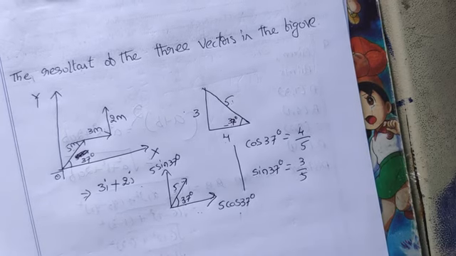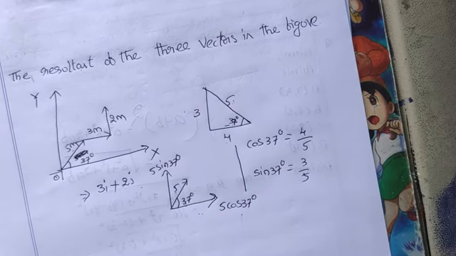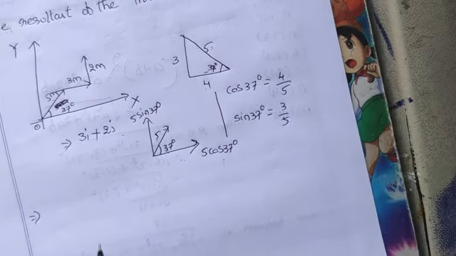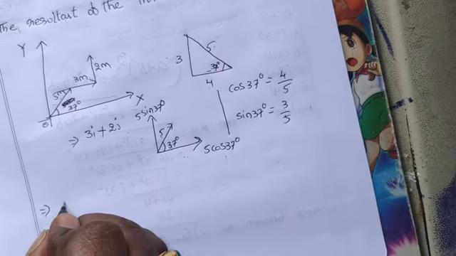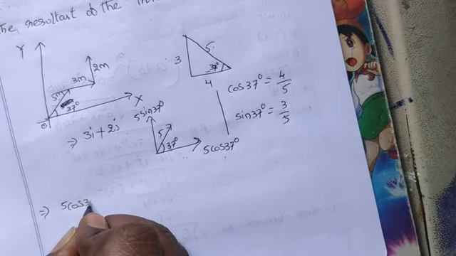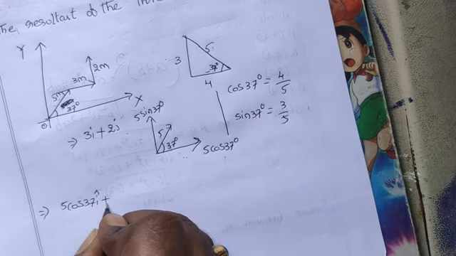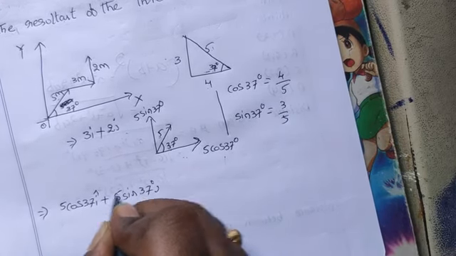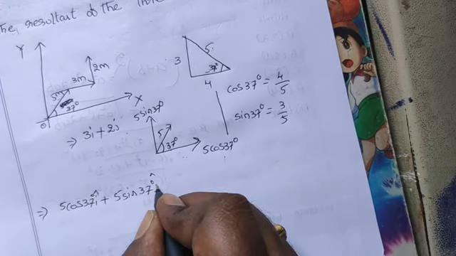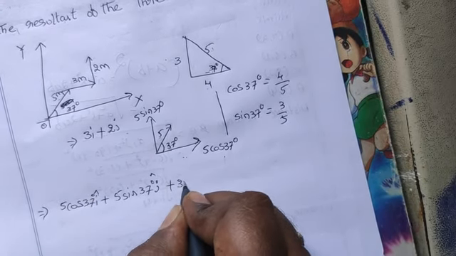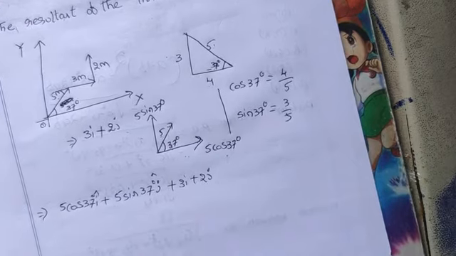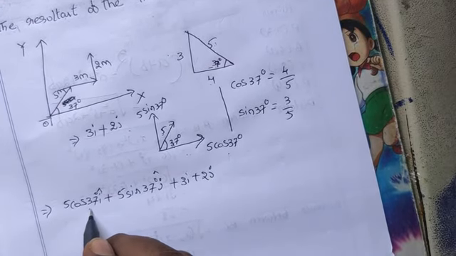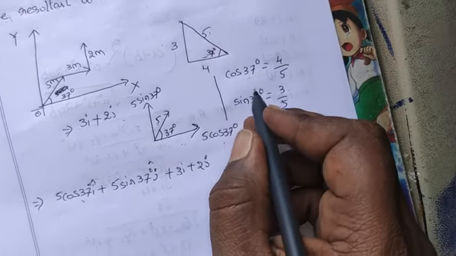Now make it right as an equation according to the vector law of addition. That is 5 cos 37 i cap plus 5 sin 37 degrees j cap plus 3i plus 2j. So we know the value of cos 37. What is cos 37? 4 by 5.